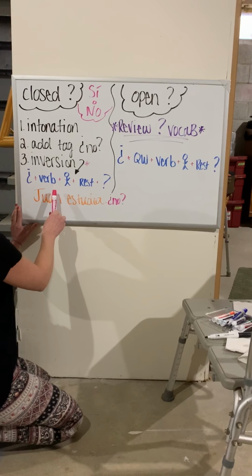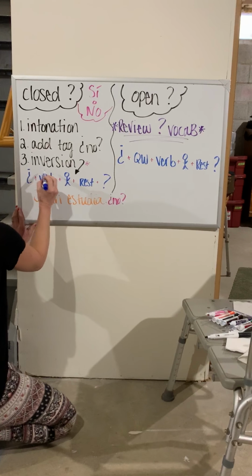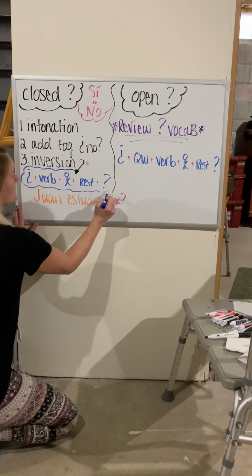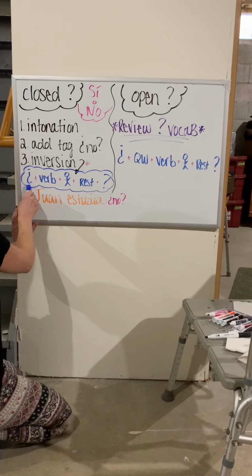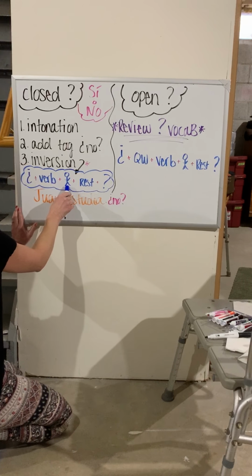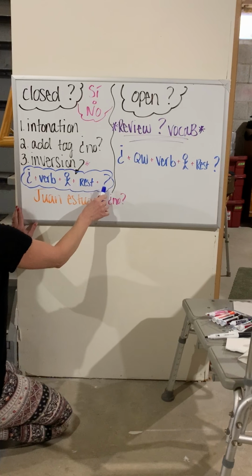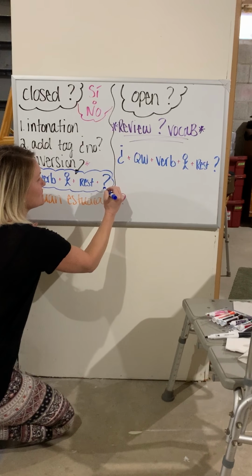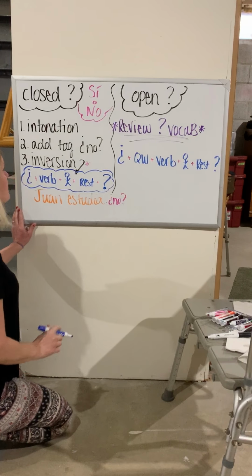So how you form these in Spanish, this is our formula for forming inversion questions. Okay, this is how we do it. So you have your upside down question mark, verb, subject, whatever the rest of the question is, and then your regular question mark. So questions in Spanish always have two question marks, okay?